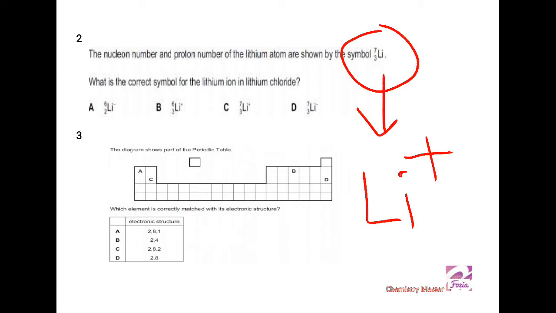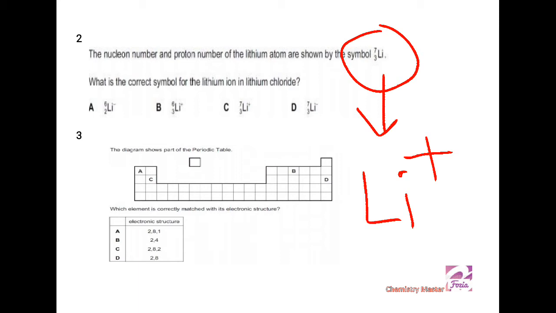When the electron is lost, the proton number remains the same and the nucleon number remains the same. So these numbers 3 and 7 are not going to change, only the charge comes on lithium 3, 7. So select the correct answer from the given options.